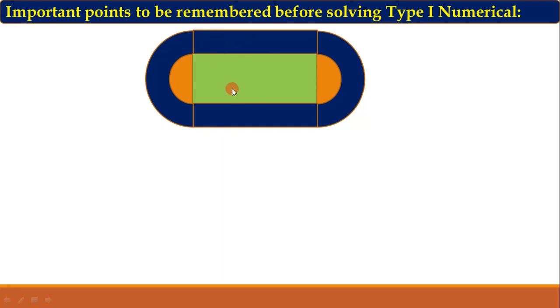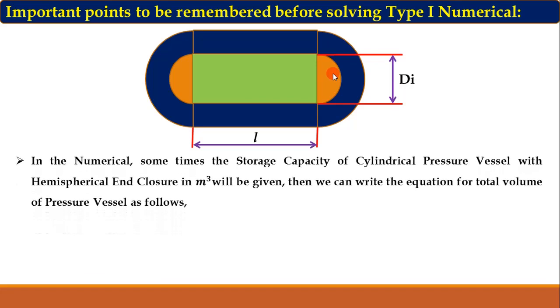This is the length of the cylindrical shell and it has internal diameter di. In numericals, sometimes the storage capacity of a cylindrical pressure vessel with hemispherical enclosure in meter cube will be given.